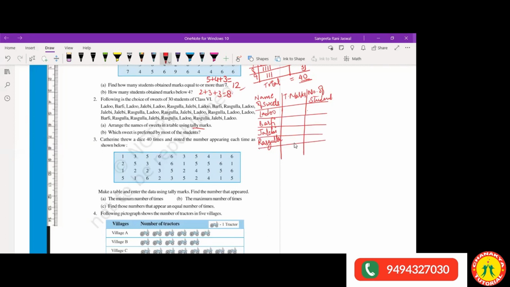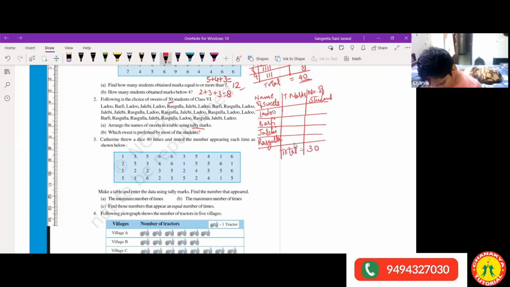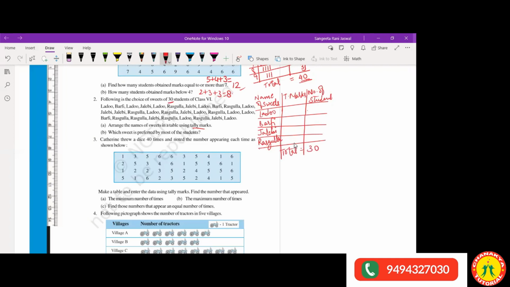It's a class of 30, that means the total number of children will be 30. It's already given. Tell me how many like laddu. Just see how many times laddu is written here.